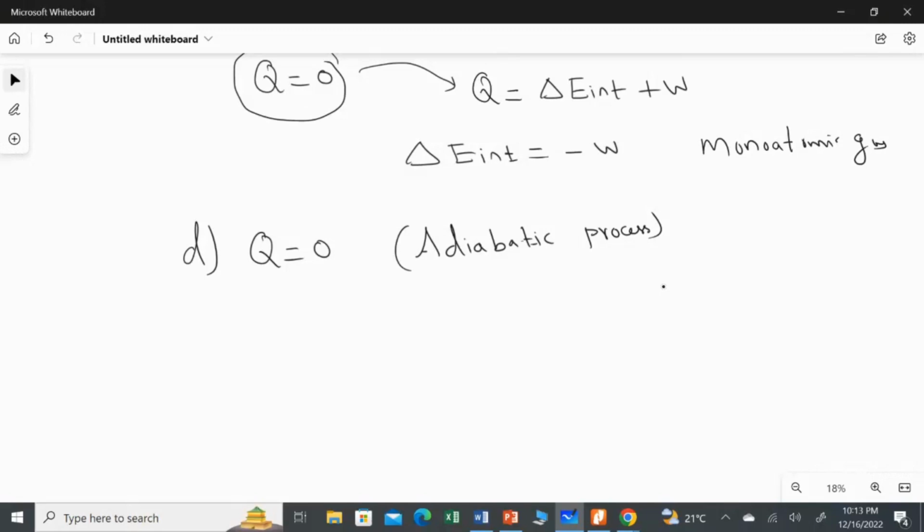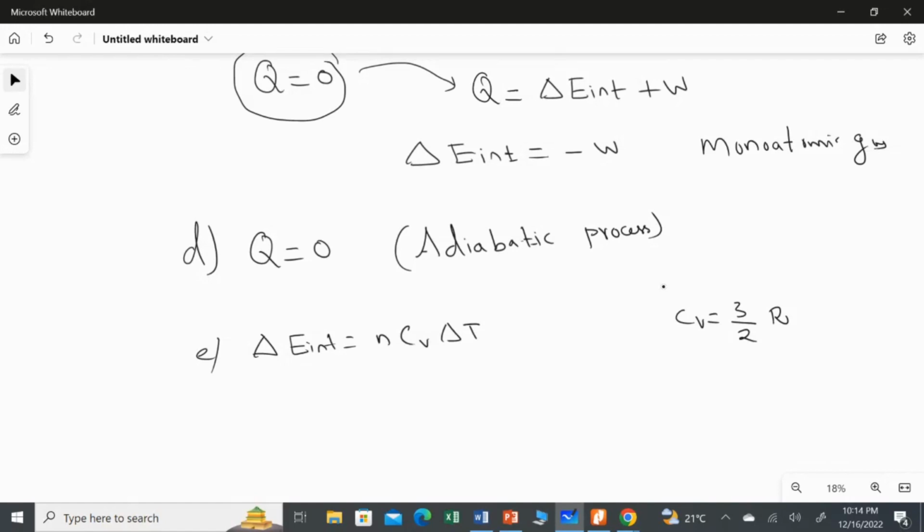And for this, the change in internal energy is given by the rule nCv delta T, where Cv for the monoatomic gas takes the value of 3 over 2 times R. And this time the temperature change is from T3 to T2, right? Because we consider the state 2 to 3. So final temperature minus initial temperature.